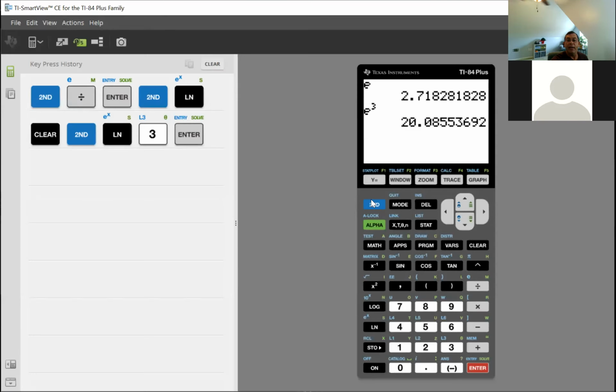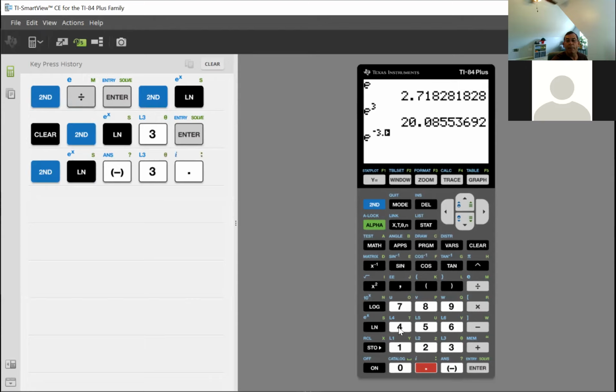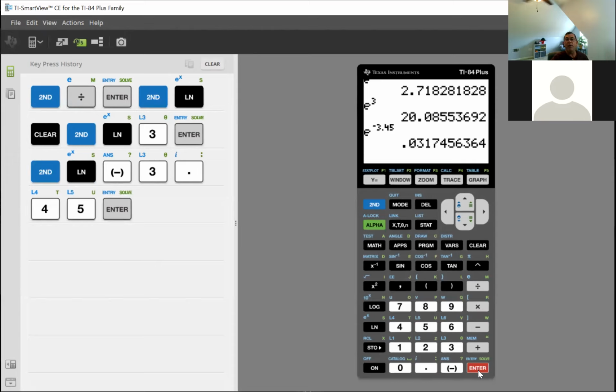I'm going to use the second LN to get my E with the exponent. Our exponent was a negative 3.45. When we hit enter, see how that decimal is less than 1? With a negative exponent, it's always going to be less than 1 for you.